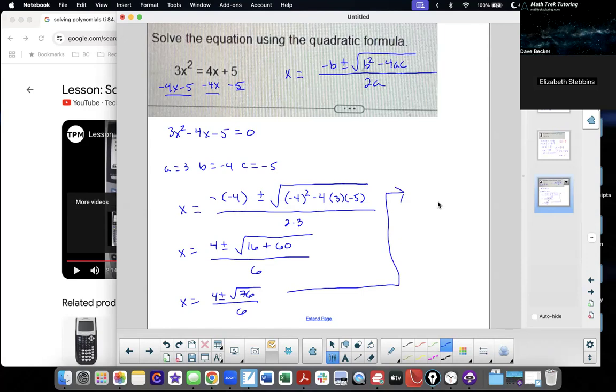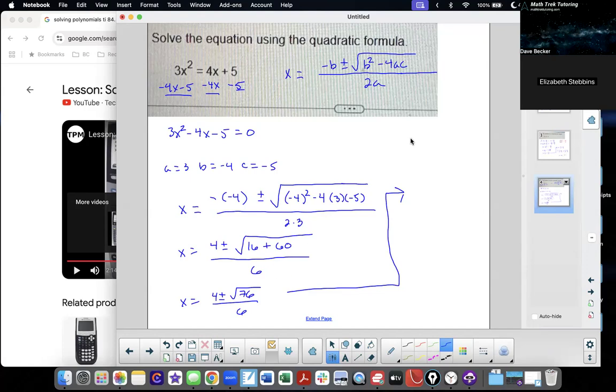What's he say? To simplify your answer. So do you know if he wants you to simplify square roots if possible? Yes. What a horrible man. Okay, so how would you go about simplifying the square root of 76?